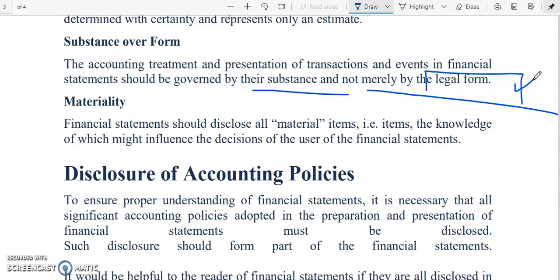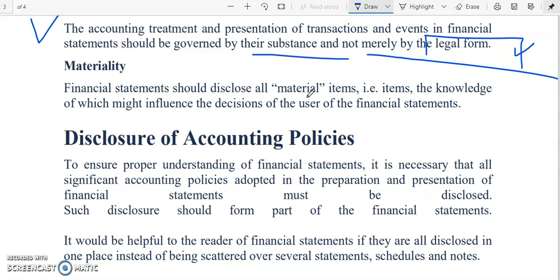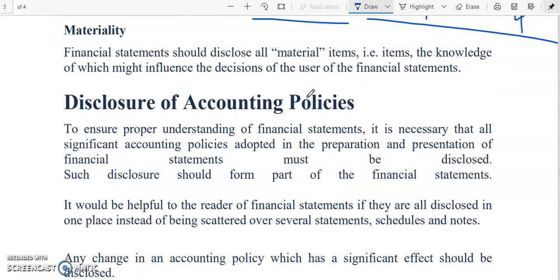Only the sale deed is pending. So we have to look here at substance over form. So we can recognize the sale of such property even though the sale deed is made in the next financial year.